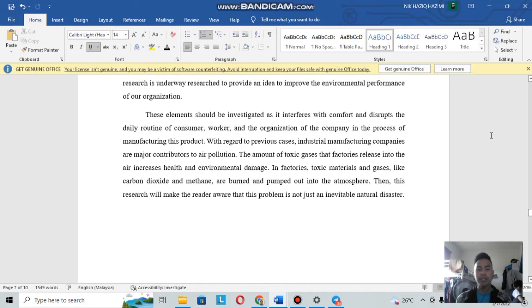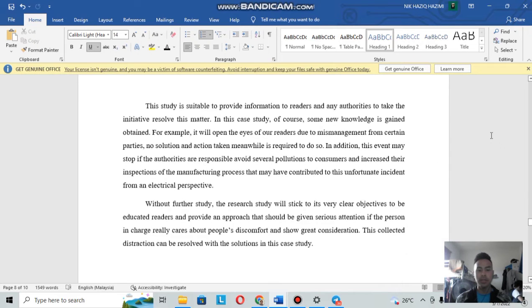So, this element should be investigated as it interferes with comfort and disrupts the daily routine of consumers, workers and organizations. So, the study is suitable to provide information to readers and any authorities to take the initiative to resolve this matter.